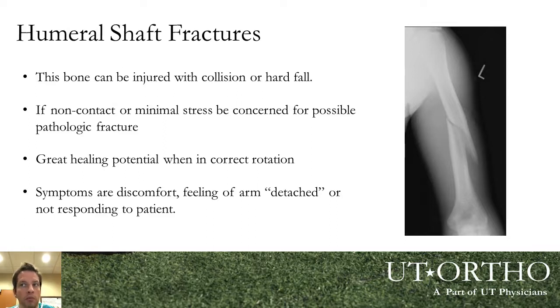So that's probably beyond the talk, but that's another reason why it's important for the trainers to get the patient to the team physician in the emergency room. So this has a great healing potential within the correct rotation alignment. Symptoms obviously are discomfort. Some patients will feel like the arm is detached, like they try to move their arm and it doesn't move with them, and that's because the bones aren't connecting.